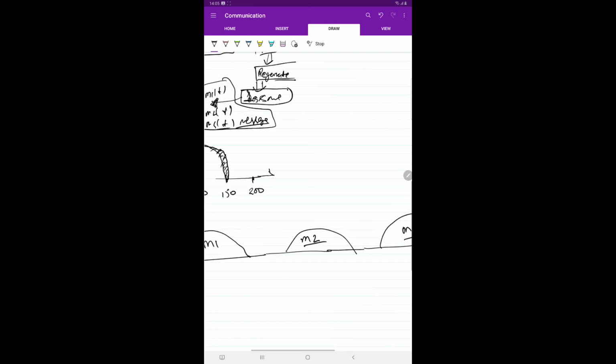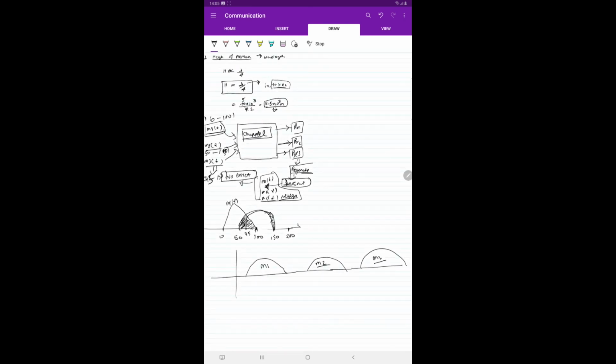If after modulation we send these messages M1, M2, M3, then no interference will take place between these three signals, because there is a proper gap, or we can say a band gap.